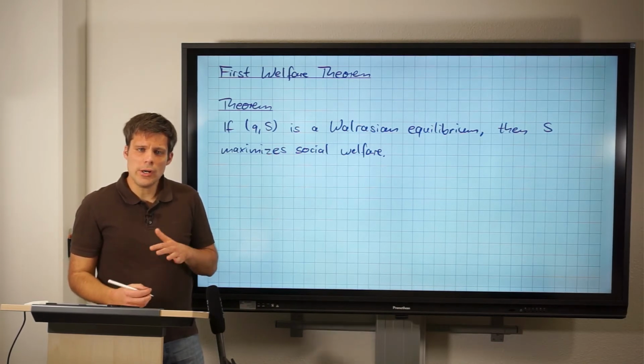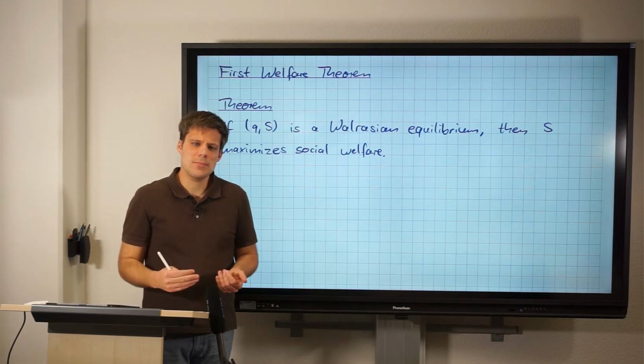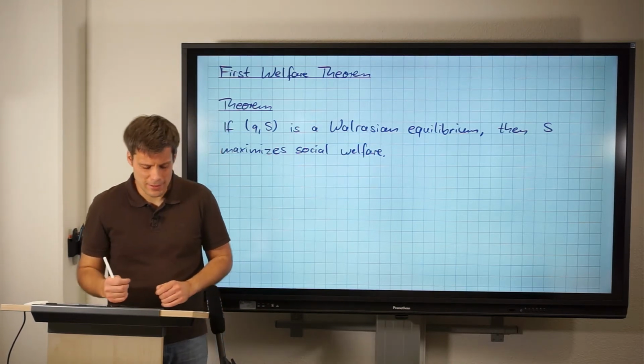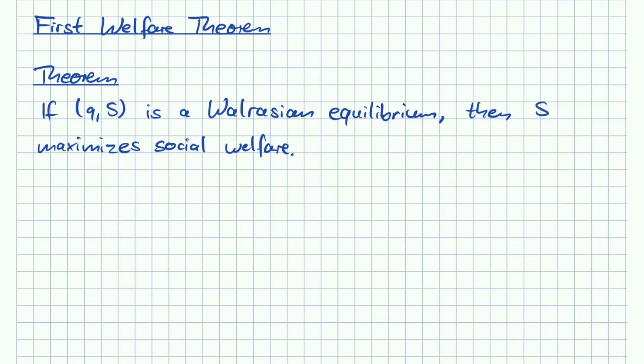Good. Regardless of all this meta discussion about this theorem, let's prove it. Let S star be an allocation that maximizes social welfare.